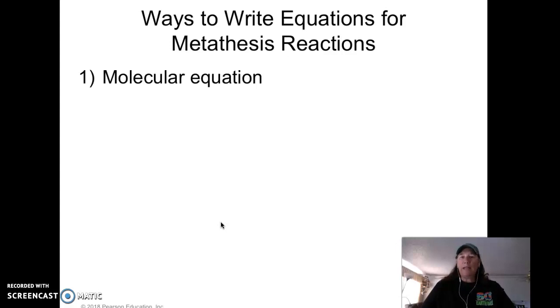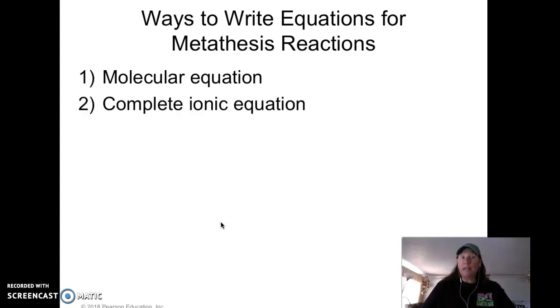If we're going to write an equation, for a molecular equation, the first thing we do is complete the equation. Make sure you change your reactants so in your products they exchange partners. Then you write a net ionic, and what a net ionic is, you break it down into ions.